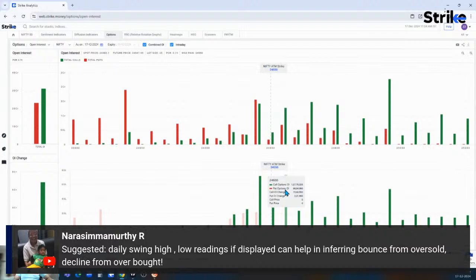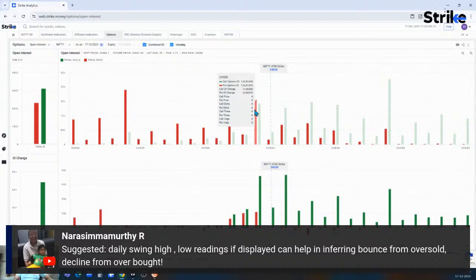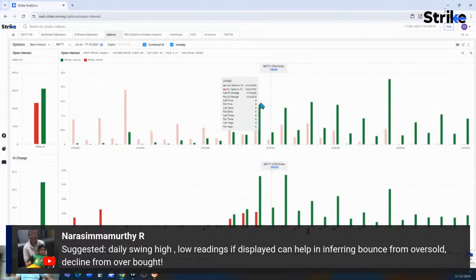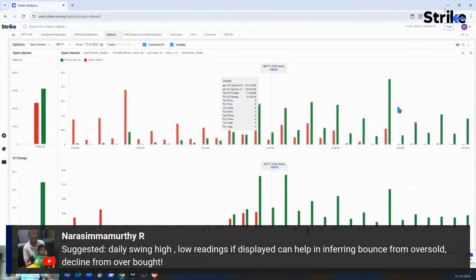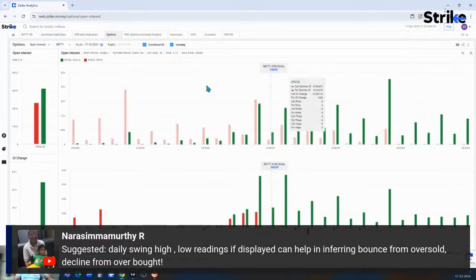So 24,600 will act like a strong resistance level. And the highest open interest in put is at 24,500. So we are stuck in this 100-point range, but right now the spot price has gone below this. That is not good news for the bulls.